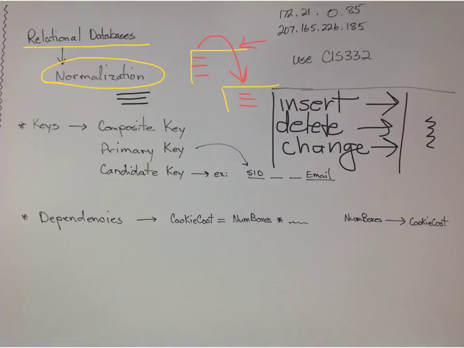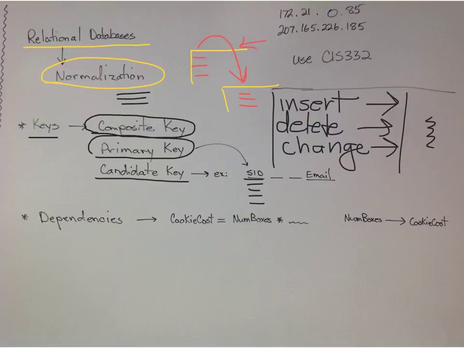So we did a little review. We talked about keys, primary keys. You can have a composite key, a key made up of multiple attributes. We talked about the primary key in a table, like student ID could be a primary key. Each one would be unique for the student. And then you can have other keys, like a candidate key.